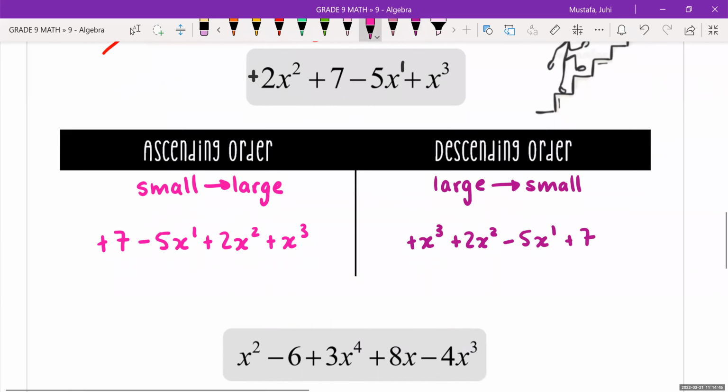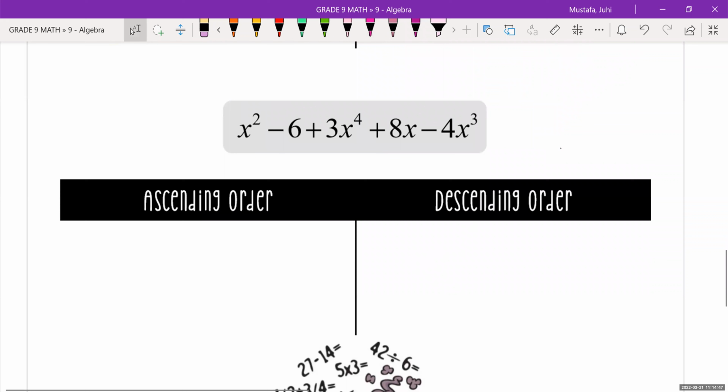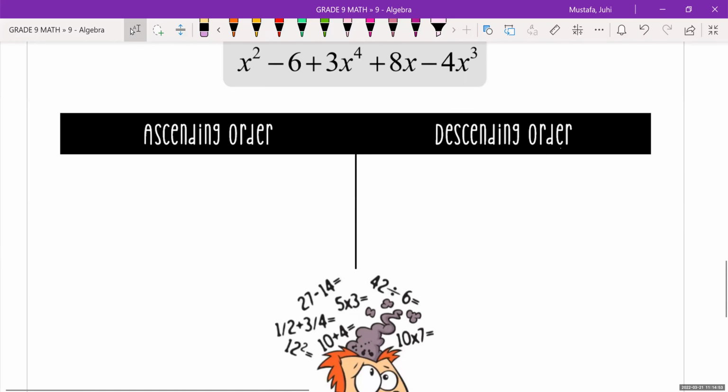Okay, go ahead and try the example with this polynomial over here. I'll write the answer and then we're done. So we're going in ascending order and we're going in descending order for both of these. Okay, so ascending order, remember, means from the smallest exponent to the largest exponent.